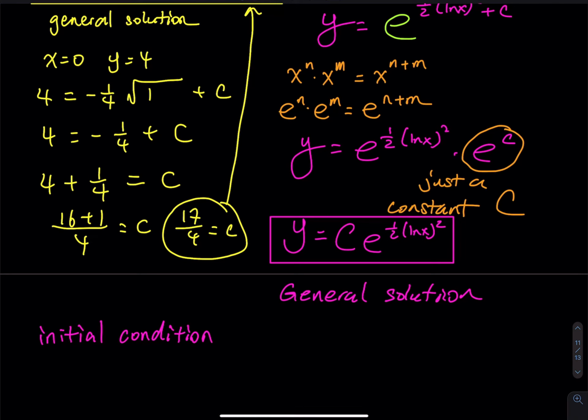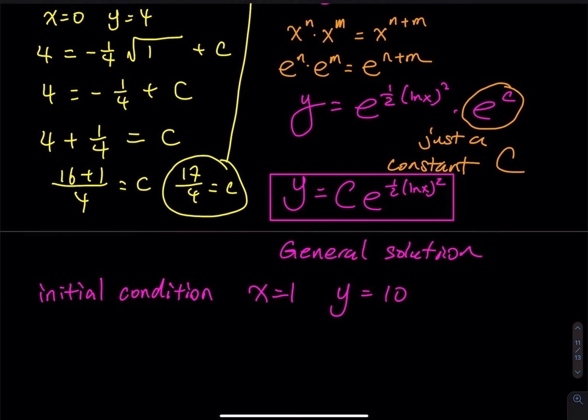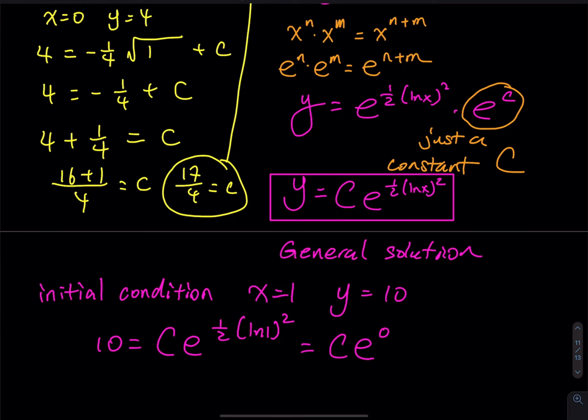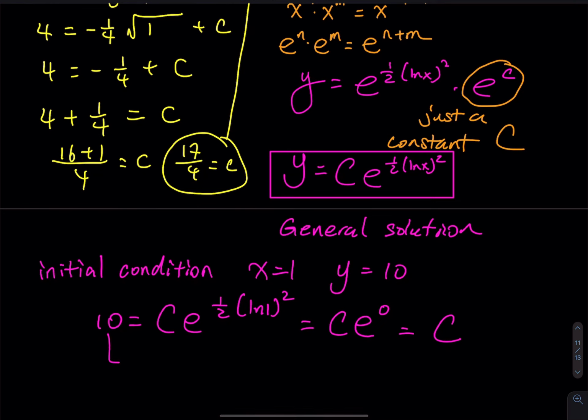Let's say when x equals 1, y equals 10. And then you plug in the 1, you plug in the 10, you have 10 equals big C e to the 1/2 (ln 1) squared. ln 1 is equal to 0, so that is C times e to the 0 power. e to the 0 power is equal to 1, so that is C, so that means 10 is equal to C.